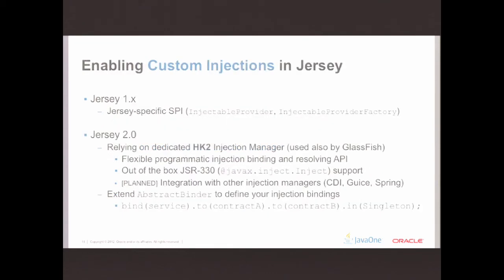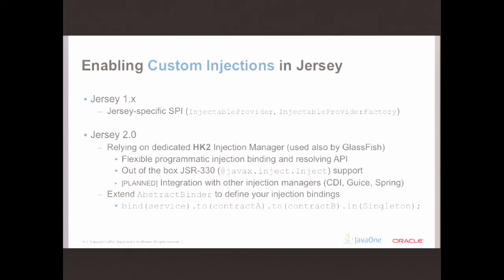Another thing we are changing in Jersey. As I said earlier, Jersey had its own solution for injection management, and it had its own specific API which was based around injectable provider factory and injectable provider.